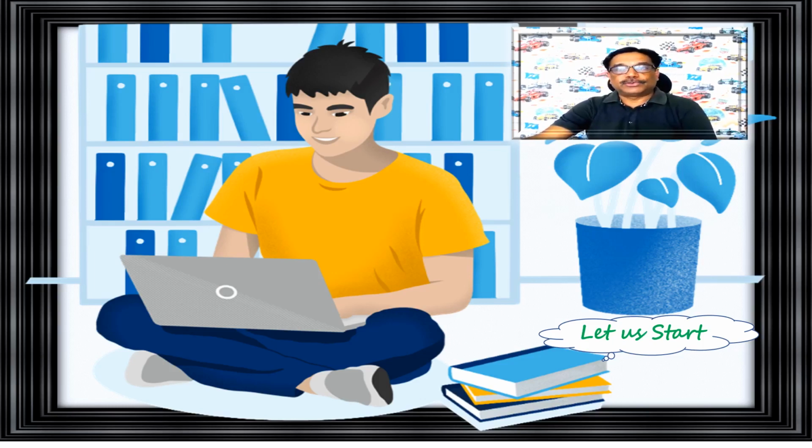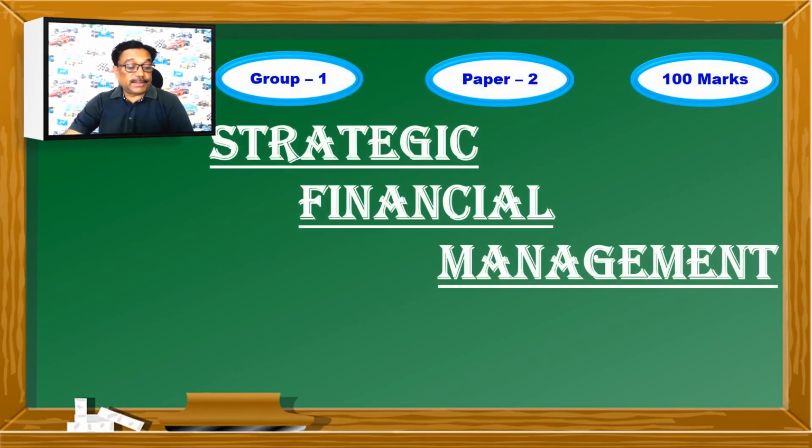All those things we would see and get some brief idea about this particular paper, and after that we will enter into our topics one by one. Okay. Now the paper strategic financial management is in our Group 1.